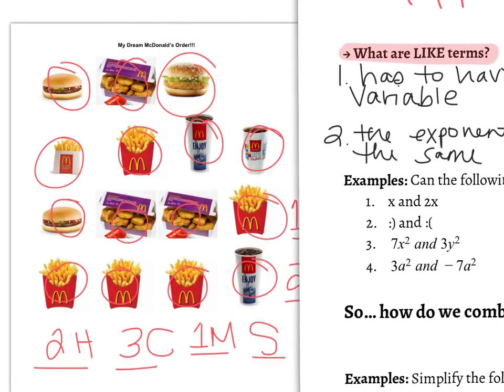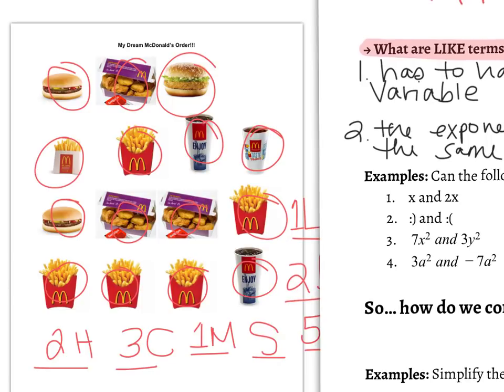If I go back to my McDonald's picture, can I say if I order, and I'm going to circle in green, I'm going to order French fries, right? So my French fries, I'm ordering 1 small and 5 medium, right? If I go to the cashier and I go, I want 6 medium French fries, does that clearly depict what I circled in green?